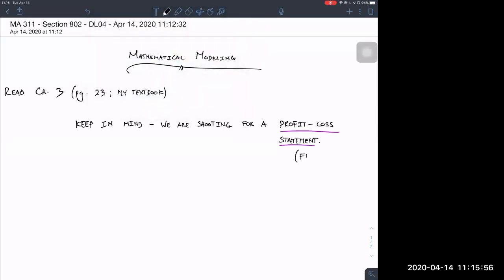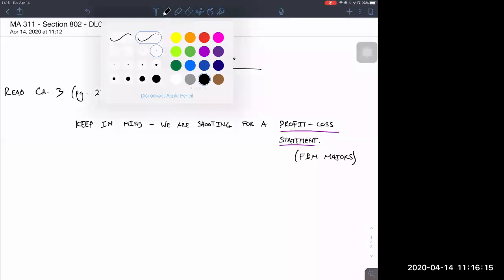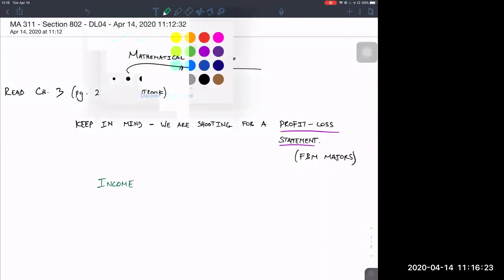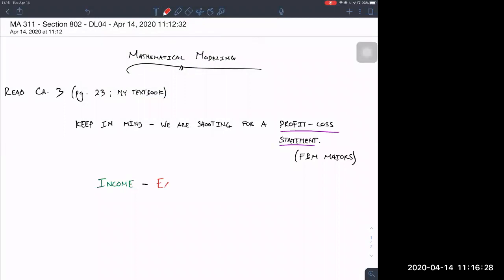And what does that mean? It basically means, oops, FBM, not FMM anymore. What it basically means is that you have some kind of expression, if you will, and most of the time it's something of the nature of income minus, and I'm going to use red here because I rarely use red, but I want you to really have this idea of income minus expenses.